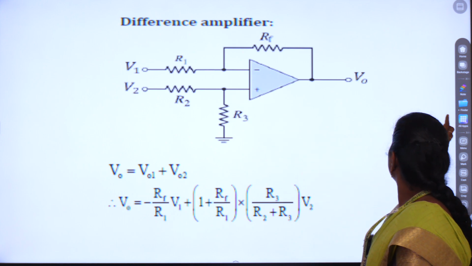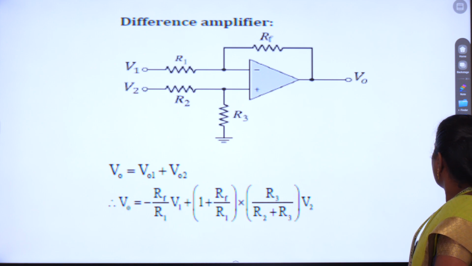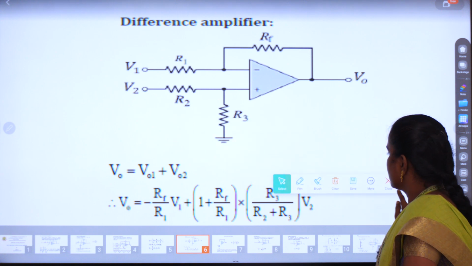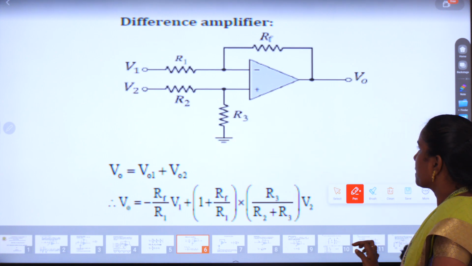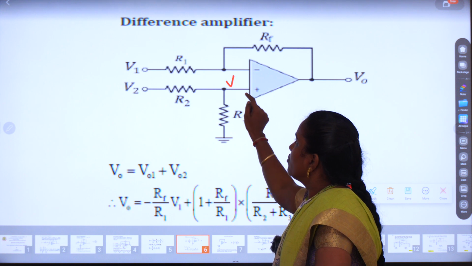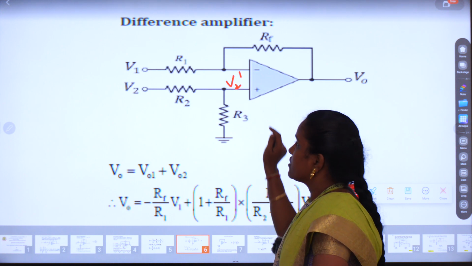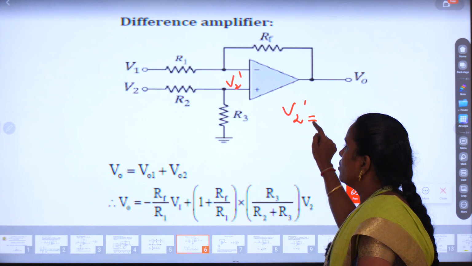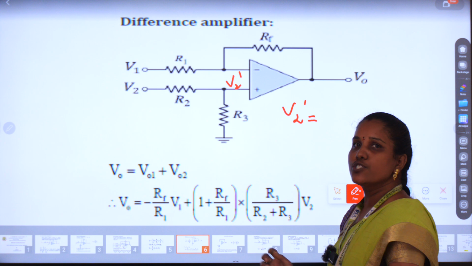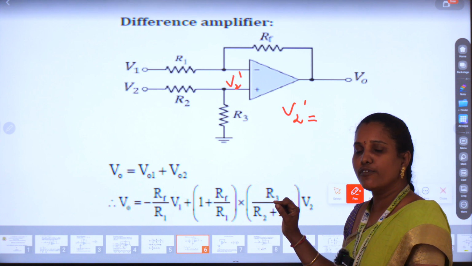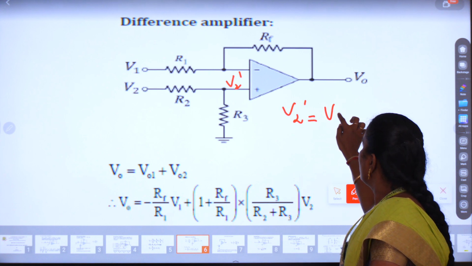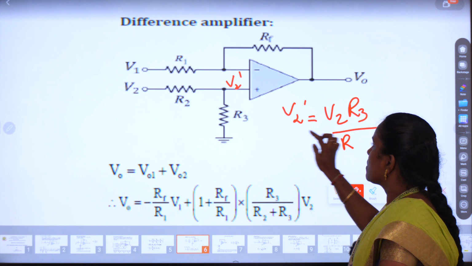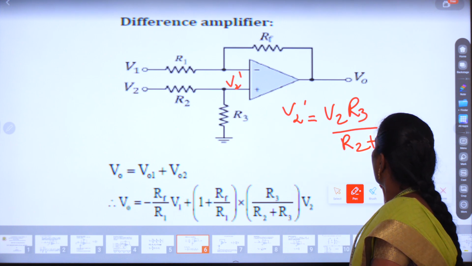So we write this voltage as V2 dash. V2 dash is nothing but the voltage across R3. Voltage across R3 means we go to the voltage divider rule: total voltage into R3 divided by the sum of the resistors R2 plus R3.